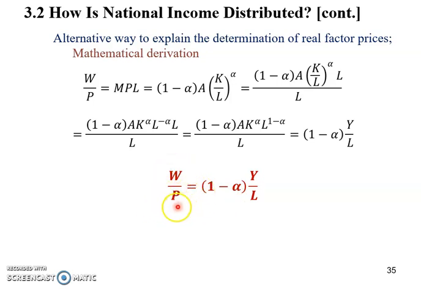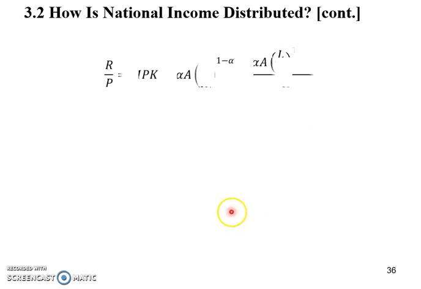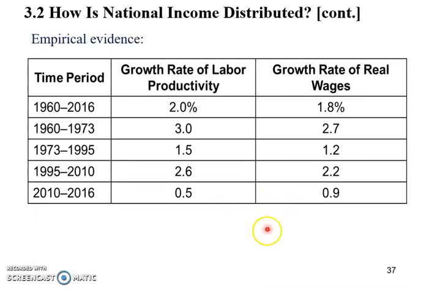Because the real wage and the labor productivity are proportional, the increase in real wage should be proportional to the increase or the growth of labor productivity, right? And that's what we're checking here as the first piece of evidence.